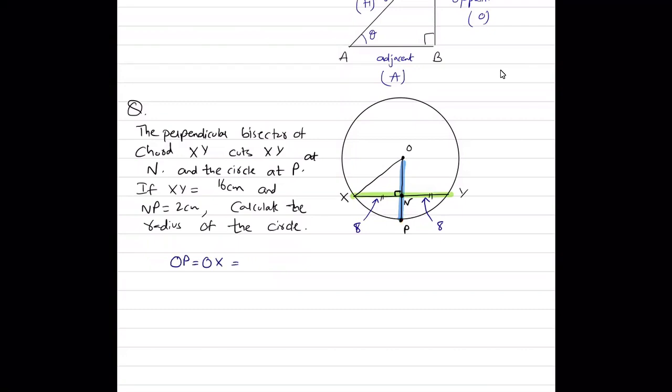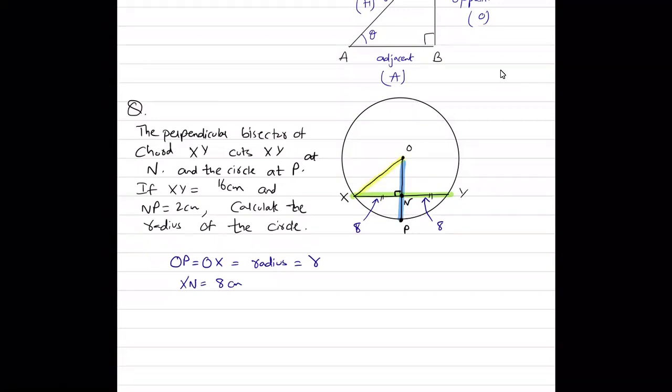OX is the radius, and we don't know this value, so I'm going to say R. Okay, and XN, the chord length, came out to be 8 centimeter. Now, if I consider the right angle triangle and use the knowledge of a right angle triangle to solve for the radius, I need to find this length.